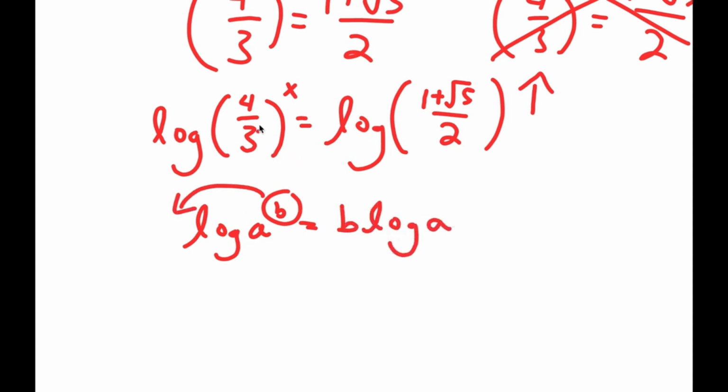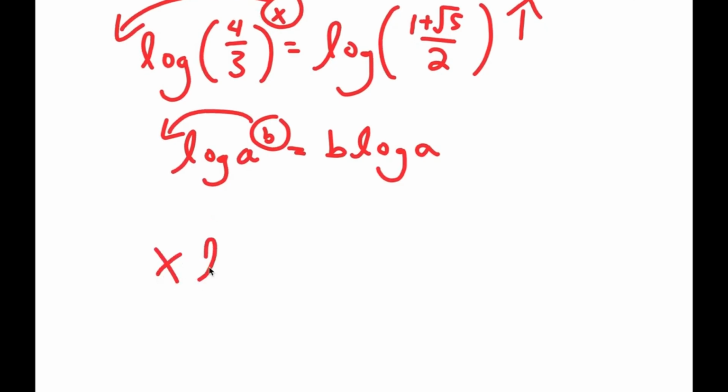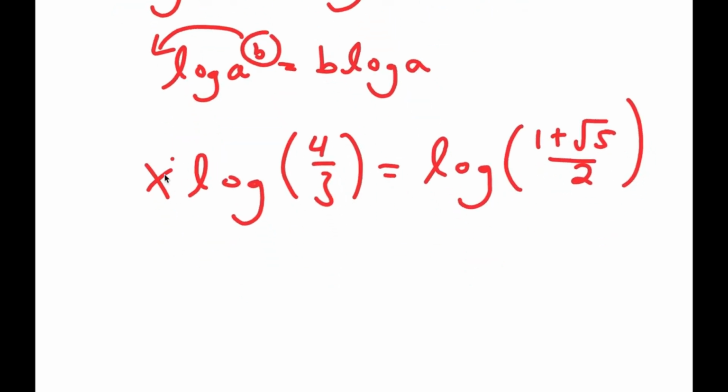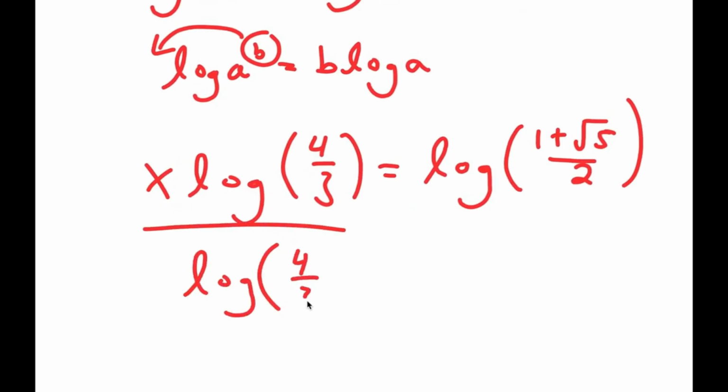In this case, I have log 4 over 3 to the power of x, and I can move x to the front. So I get x times log 4 over 3 is equal to log 1 plus the square root of 5 over 2. So now that x is a term, we can isolate it by dividing both sides by log 4 over 3.